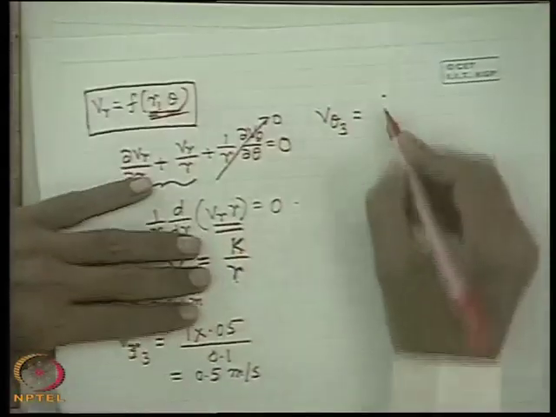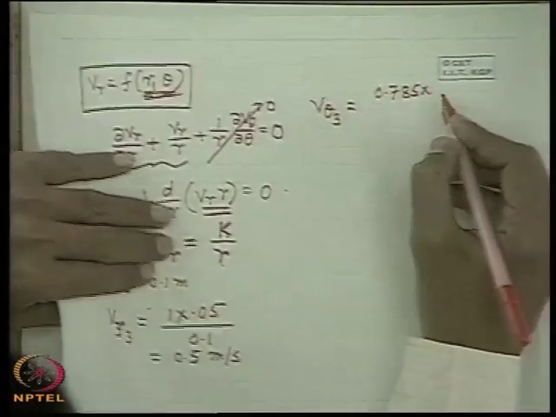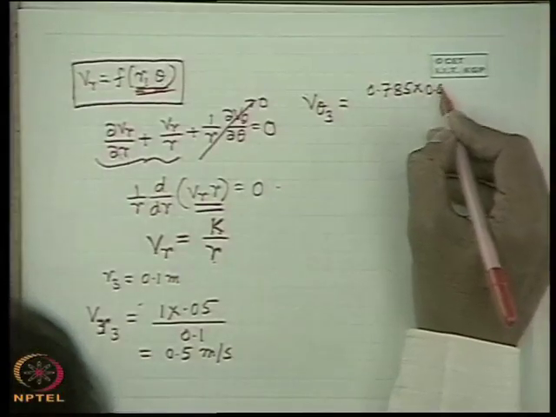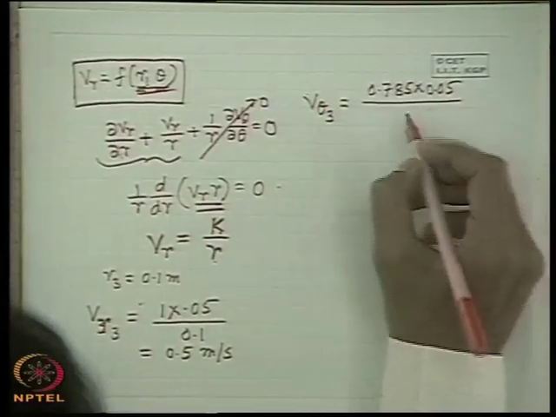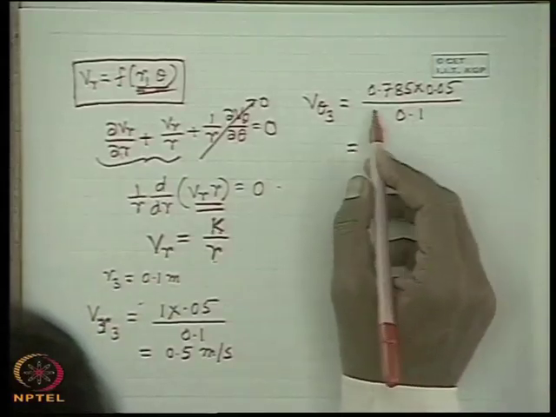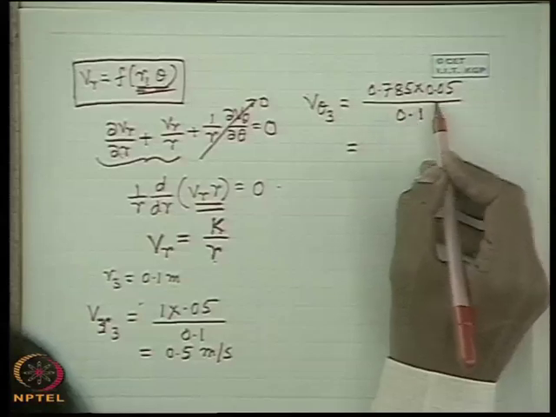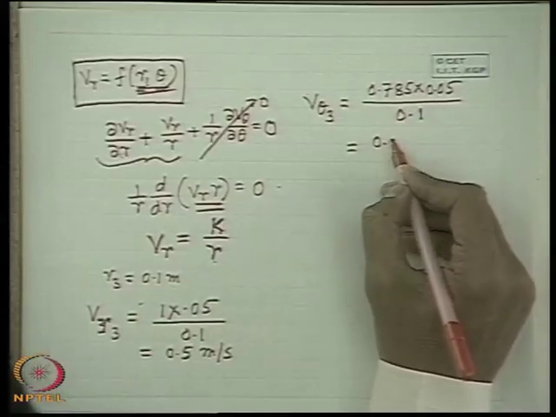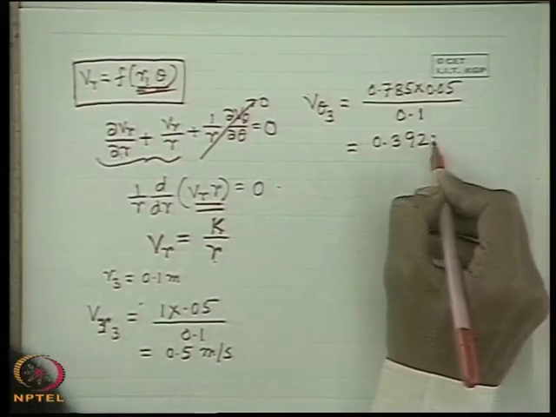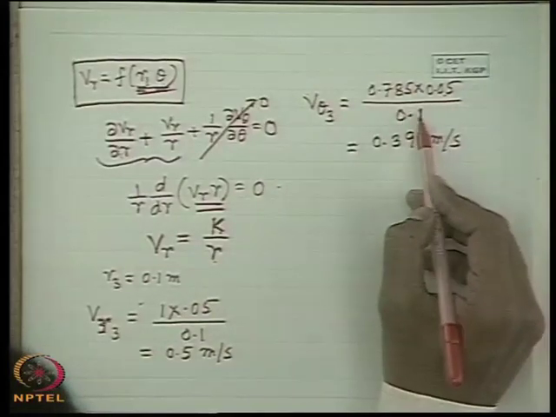So 0.785 into the radius, it is also inversely proportional to radius, that means 0.05 divided by the radius of point 3, that means 0.1. This is V theta 3, and the radius is 0.1. So this is half, 0.392 meter per second, 0.05 by 0.1.